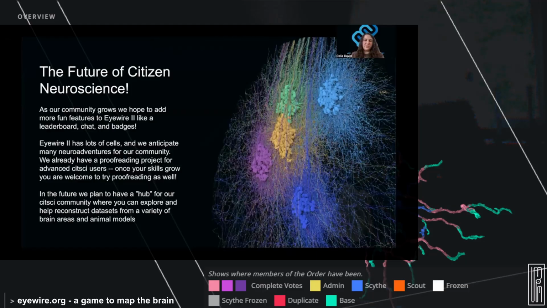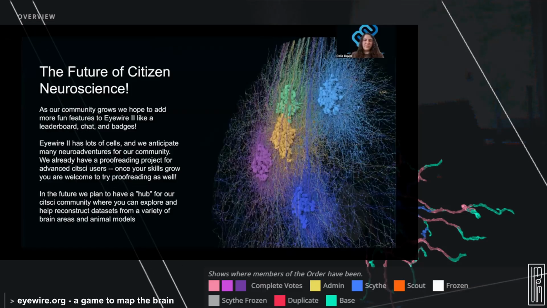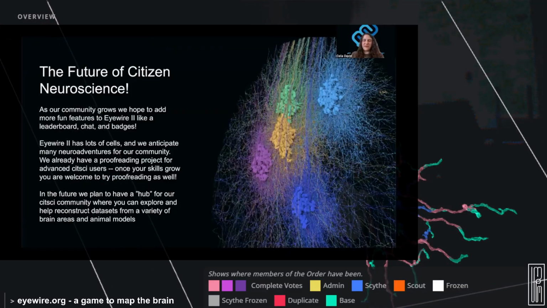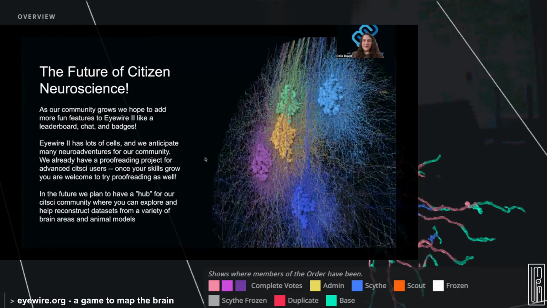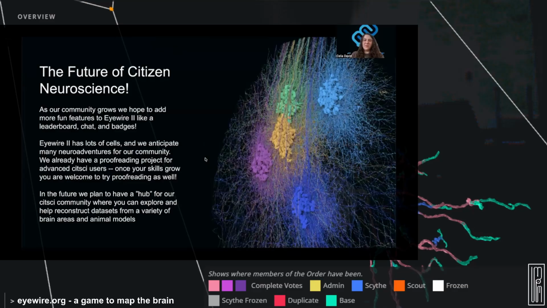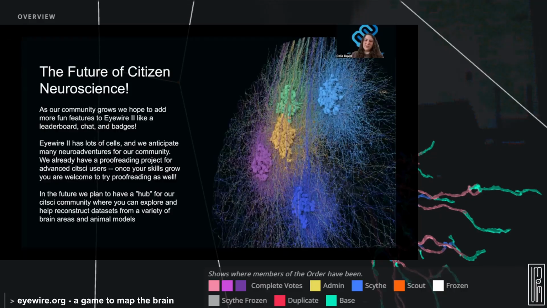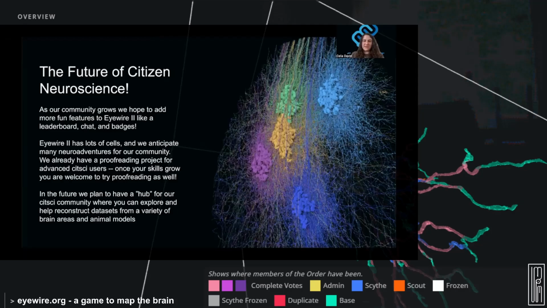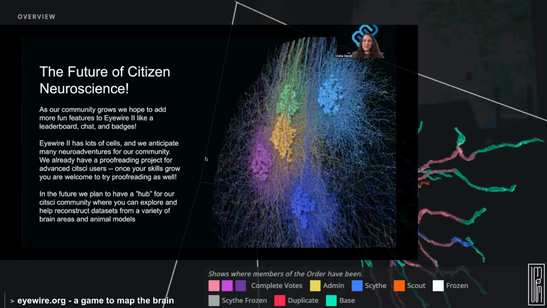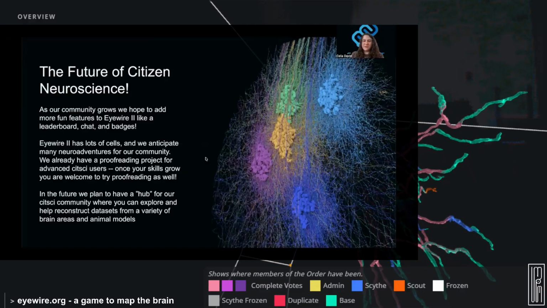In the future, we'll be adding more data sets and also proofreading projects. We already have some citizen scientists working on proofreading some cells. So if that's something you're interested in, once you get comfortable with the Cilia project, we're happy to help you get edit access to the data set and start working on some proofreading projects as well.